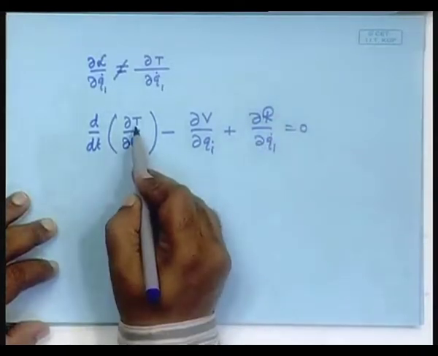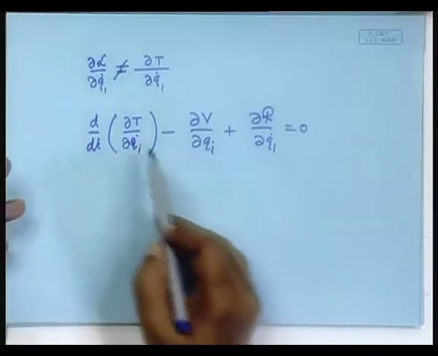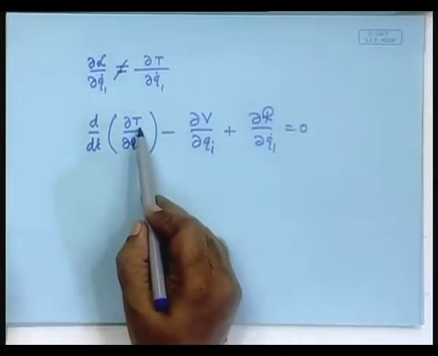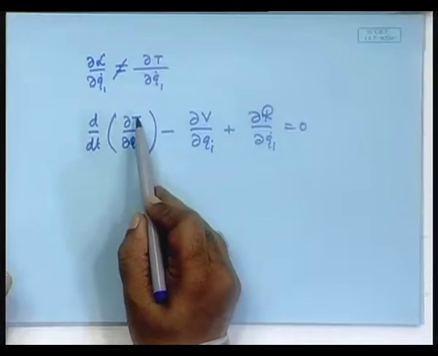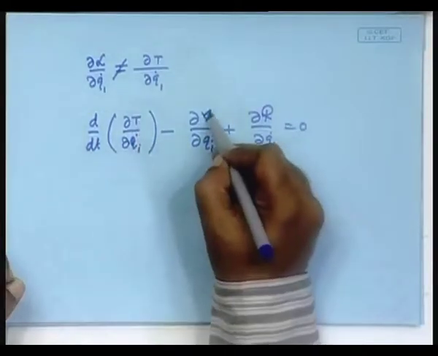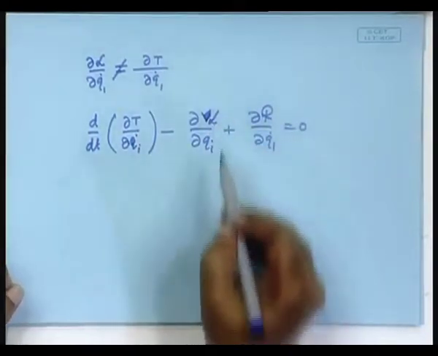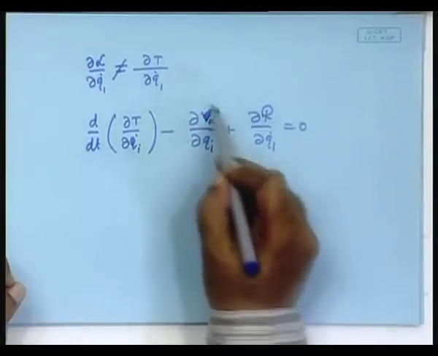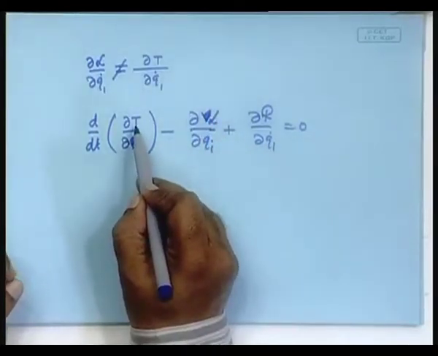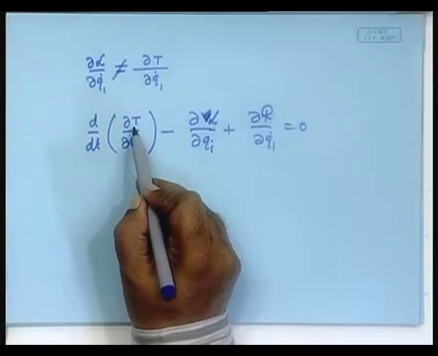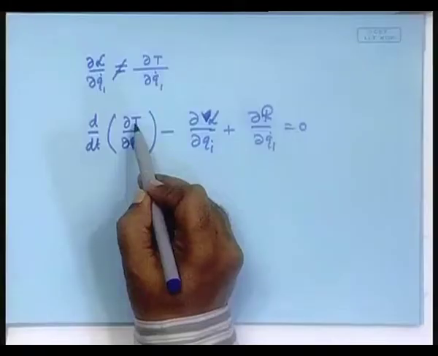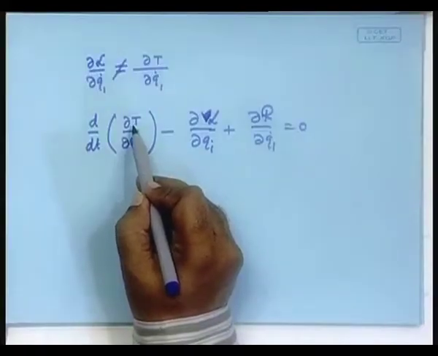Here it was the Lagrangian, so there was no problem here, the problem was here. We said that since V is independent of q I dot, we can substitute this as the Lagrangian. This we cannot do now.